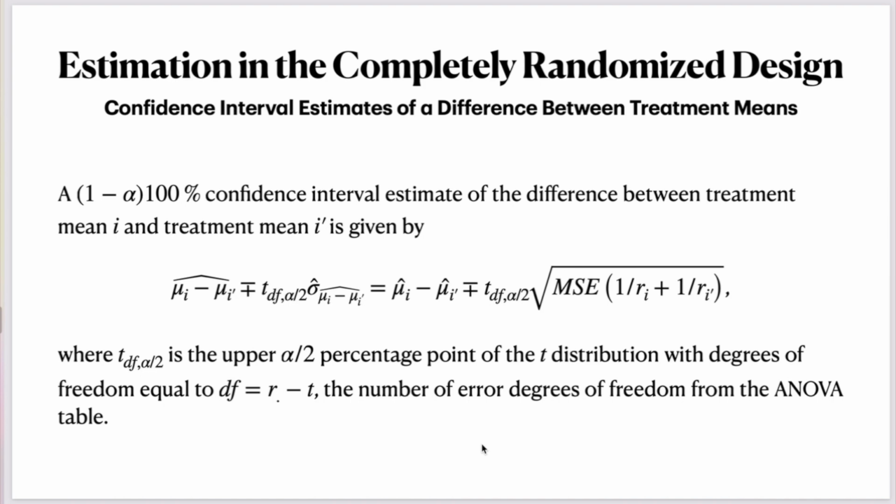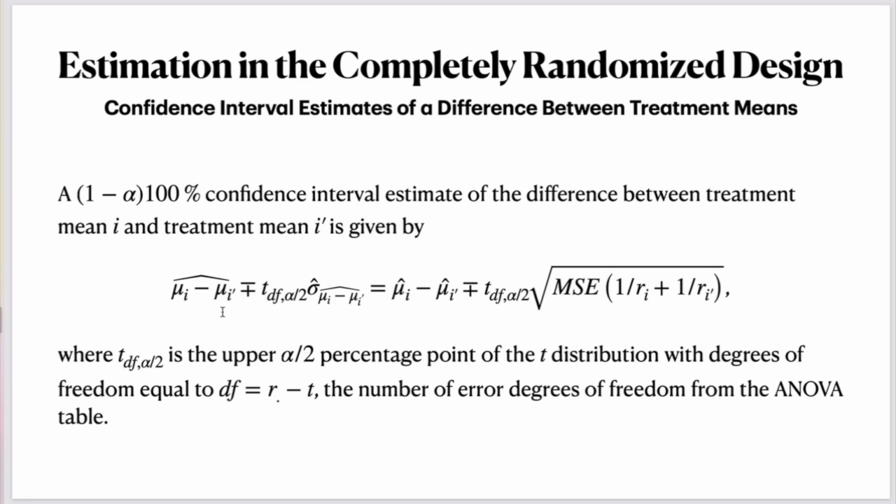Once we have that, we are able to construct a 1 minus alpha times 100% confidence interval estimate of the difference between treatment mean I and treatment mean I prime. That confidence interval is given by the point estimate plus or minus the margin of error.